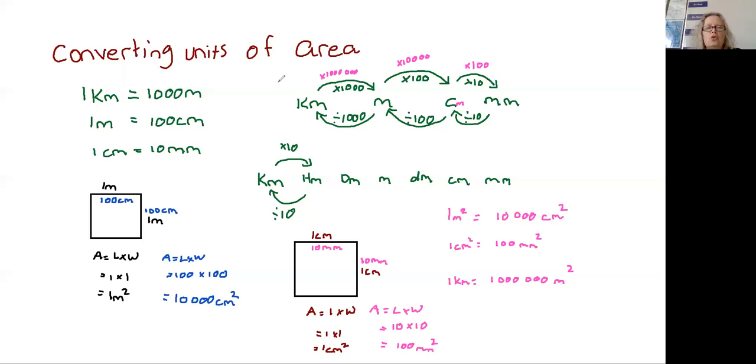Okay, so I'm going to put little square symbols here in pink. You can definitely use this little caterpillar, get a different colour and put square there, and then you can rewrite the conversion rates. You can do it like this, and I just do it twice, so times 100 times 100. Or you can use the little table like we've got down here.